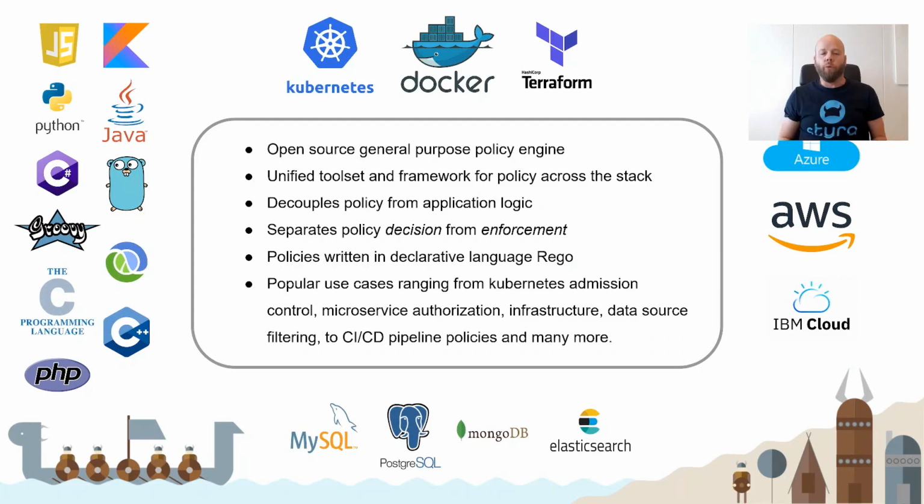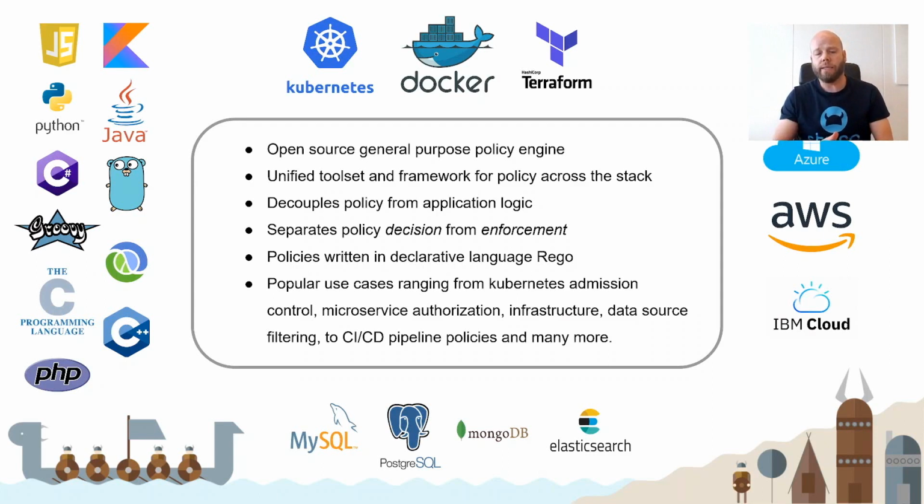Since OPA is a general purpose policy engine, we'll see use cases that range from Kubernetes admission control to microservice or app authorization, covering all of these different application or programming languages. You'll see infrastructure policies, a topic coming up more and more in recent days. Data source filtering and data source policies: who can access data and what data to return to a user based on some set of permissions.